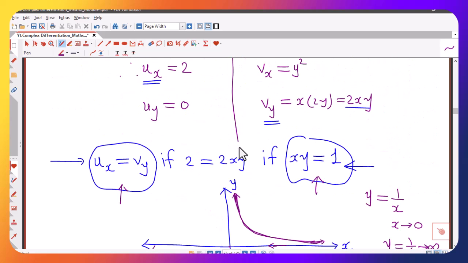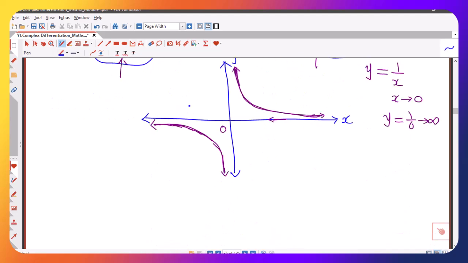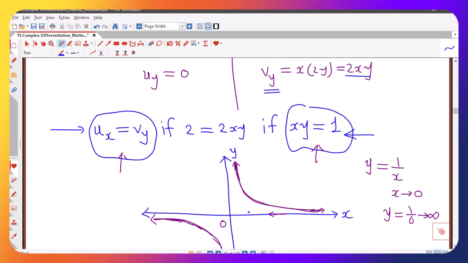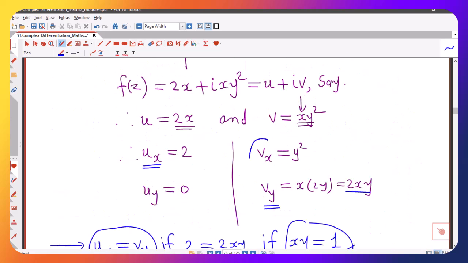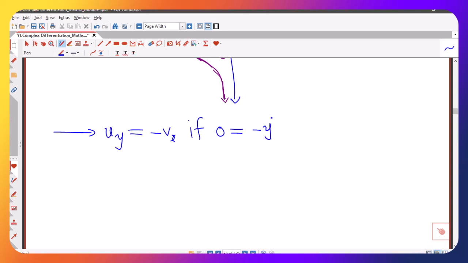Now we check at which points the second equation is satisfied. We know that the second Cauchy-Riemann equation is del u by del y equal to minus del v by del x. Del u by del y is 0 and del v by del x is y square. So minus del v by del x is minus y square. So this means if y square equal to 0, that is if y equal to 0.